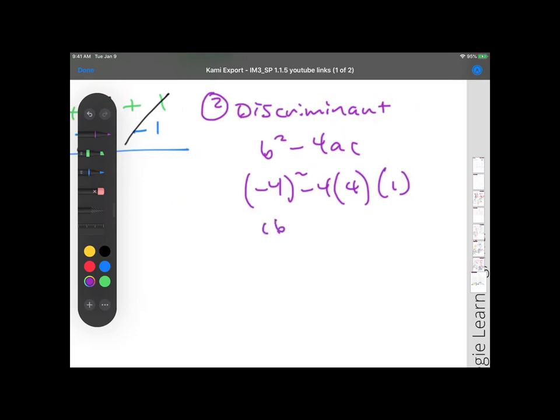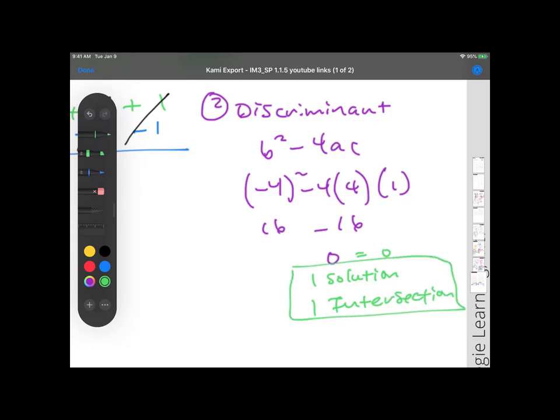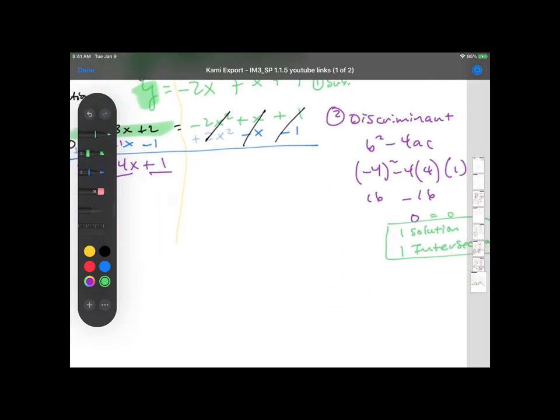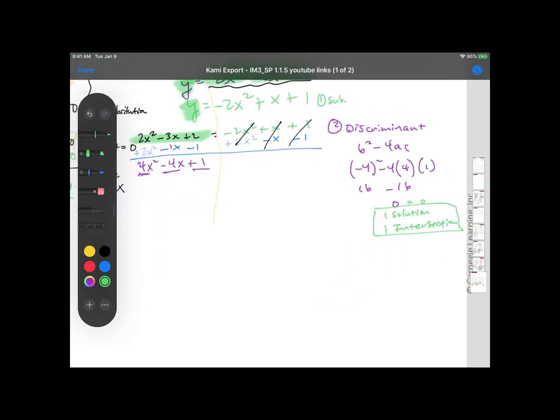So 16 minus 16, and that equals 0. When you test the discriminant and it's equal to 0, this basically means there is one solution, which means we're going to have one intersection. Well, what is that intersection? Let's do that right now. So this was equal to 0.